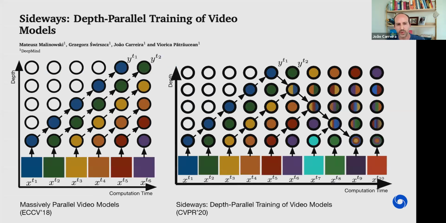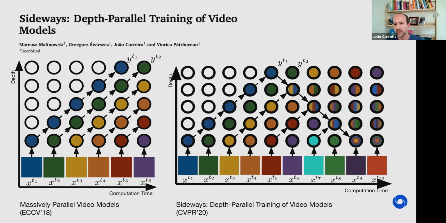It needs to finalize updating weights before it can compute new activations. So one idea we have here, similar to the massively parallel paper but now extended to training, is that instead of having to cache activations for all the layers, it just reuses the activations from the most recent frame. You can see in these colors that each layer reuses the gradient from the layer above and just uses the activations from the latest frame, rather than caching activations from several frames apart.